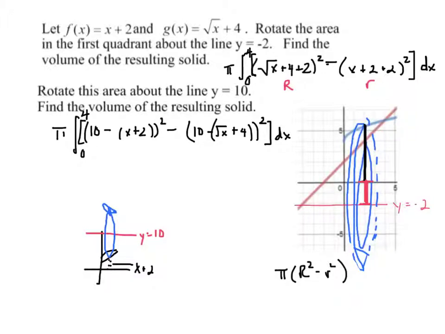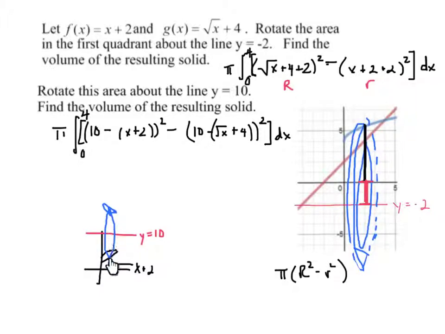So rotating around something that's below the axis, like in this first problem, made the radius larger, 2 units in this case. If we'd rotated around y equals negative 10, it would have made it 10 units larger. But we essentially just need to take our function and increase it to mimic what the radius actually is. In the second one, rotating around something above, the function only tells us how high off the axis it is.